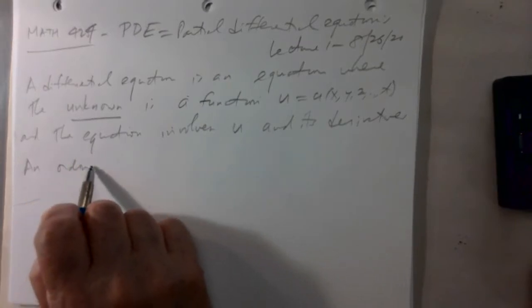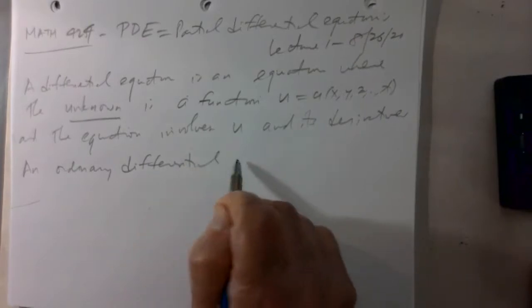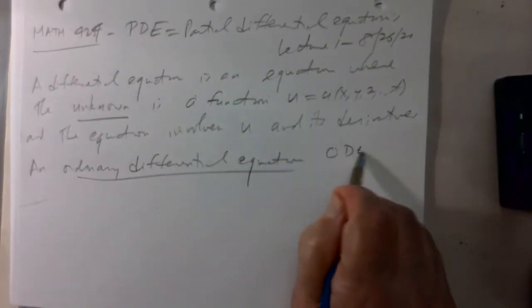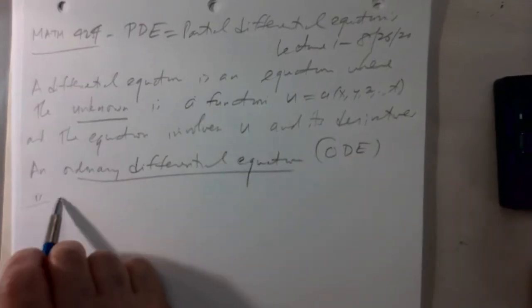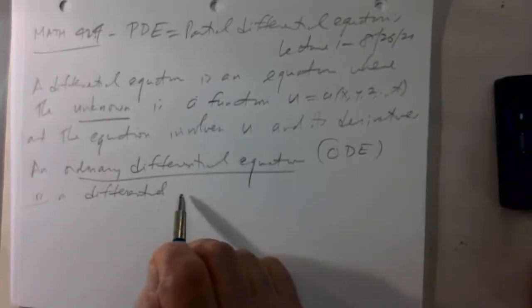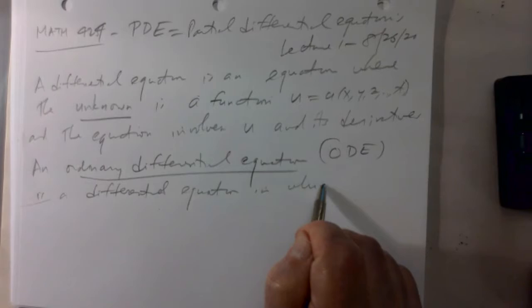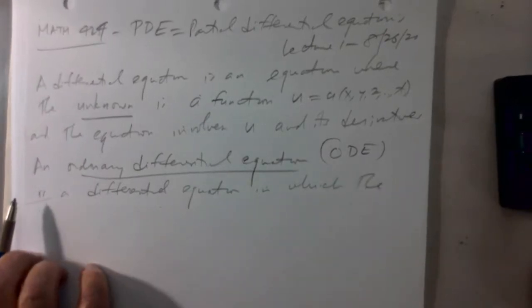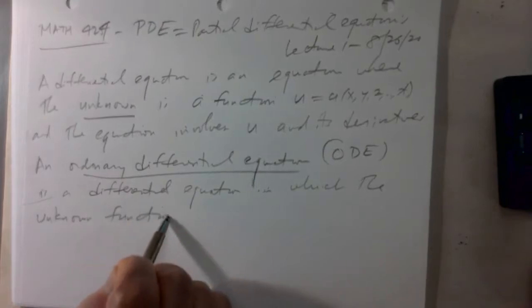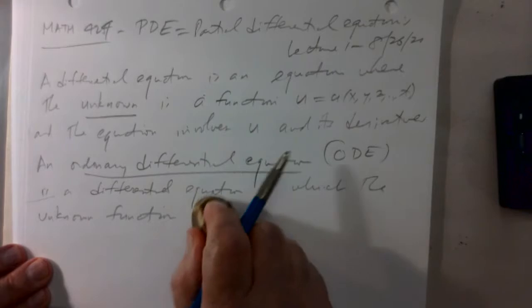So an ordinary differential equation, or ODE, is a differential equation in which the unknown function u is a function of just one variable.